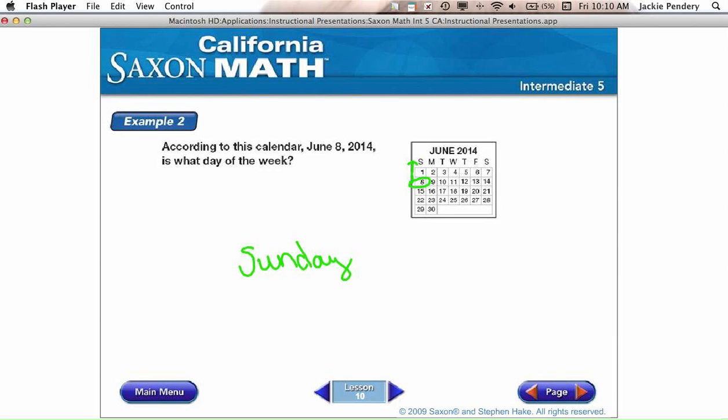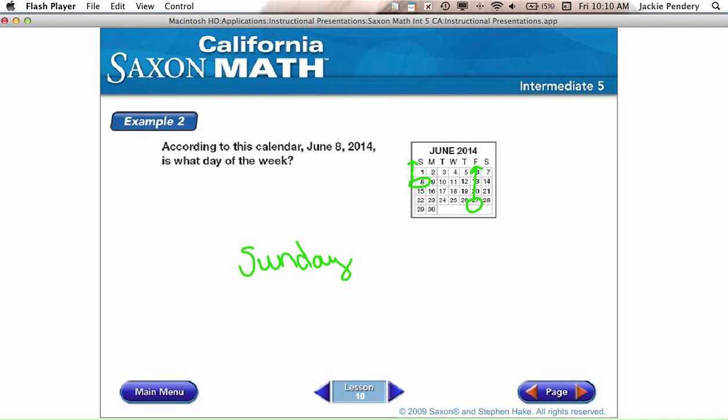So June 8th of 2014, which really isn't that far away, will be a Sunday. Okay, same thing with any date in the calendar. You just find the date, go straight up, and that tells you what day of the week it is.